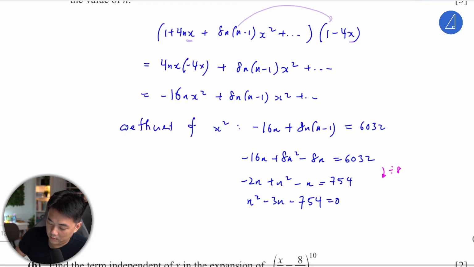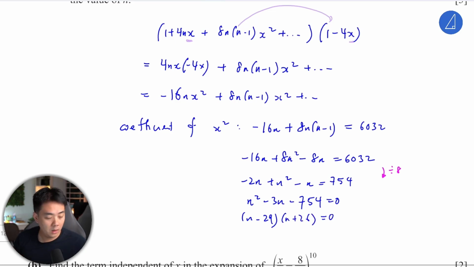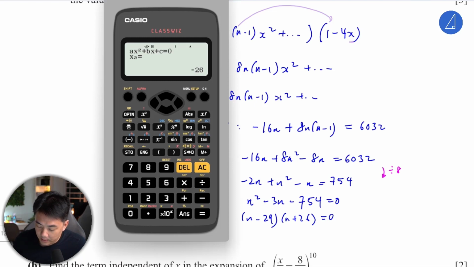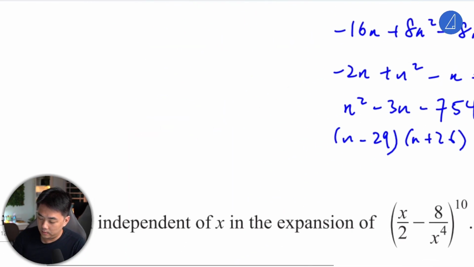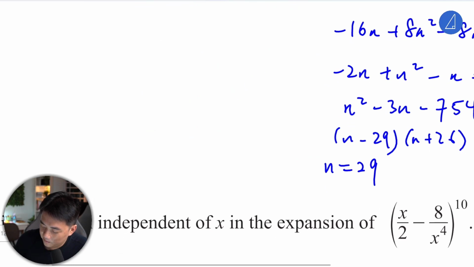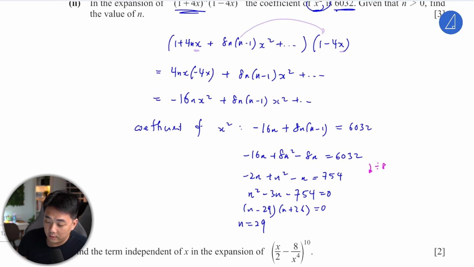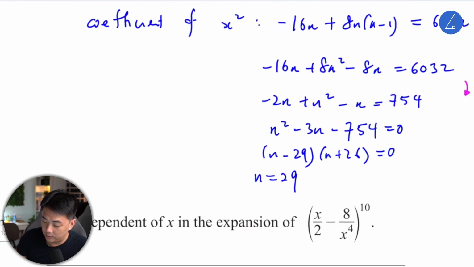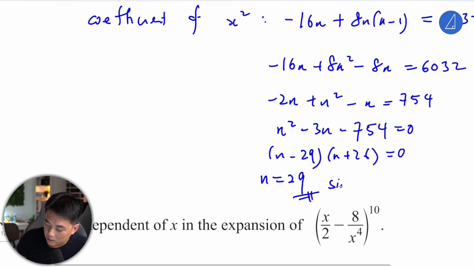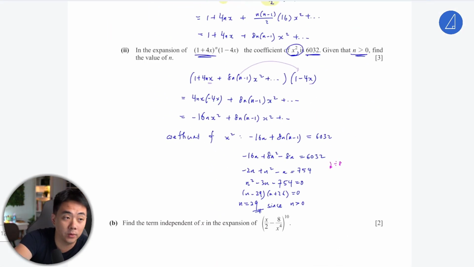So what we get is (n minus 29)(n plus 26). Okay, so we're gonna get n is 29. Of course, not negative 26 because n is bigger than 0. So since n is bigger than 0, all right, that's how we do this part here.